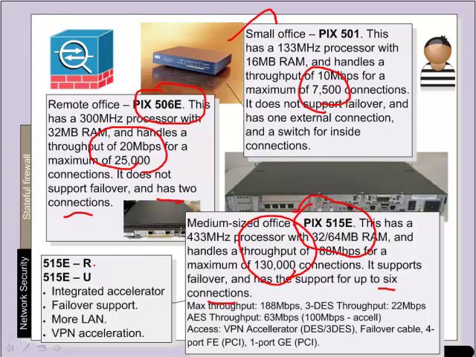For this we can have 2 licenses for it, a restricted. The restricted doesn't allow us to have failover or VPN acceleration, where an unrestricted license allows us integrated accelerator, failover support, more LAN connections and also VPN acceleration.